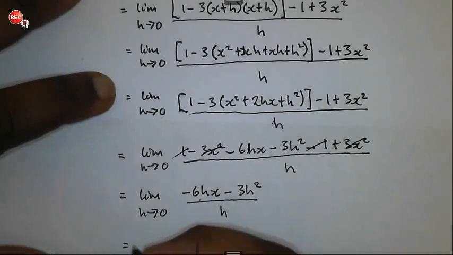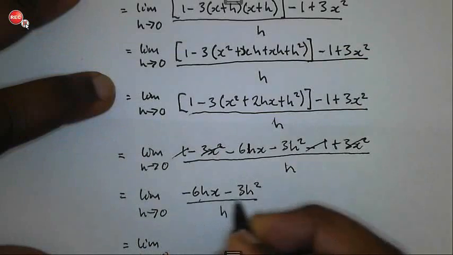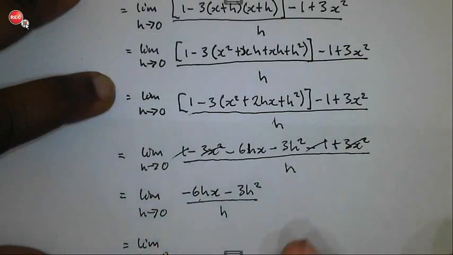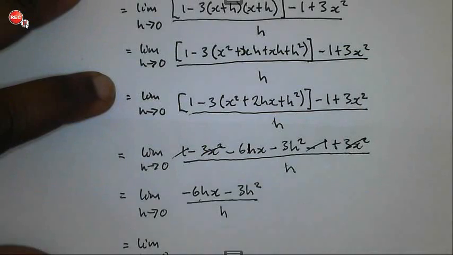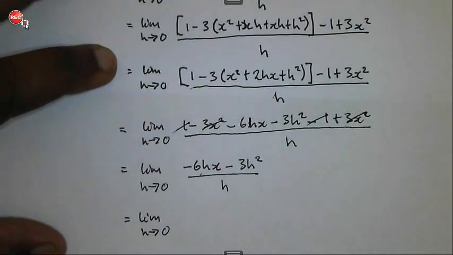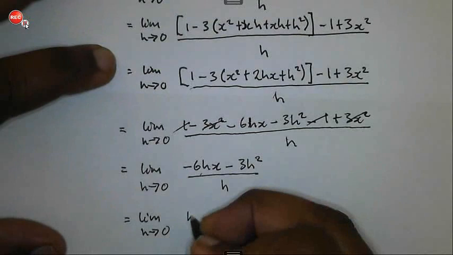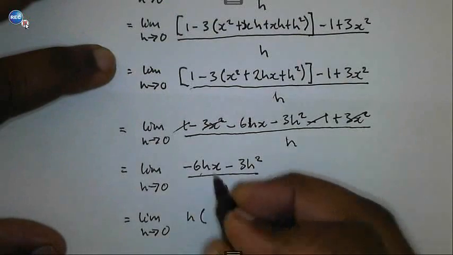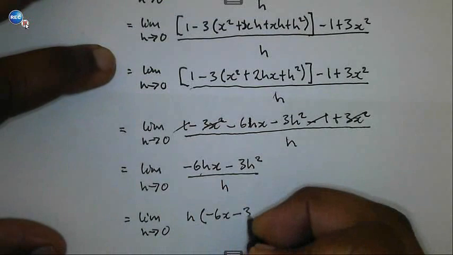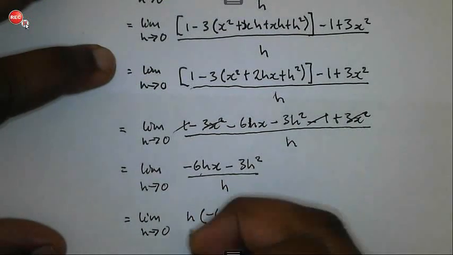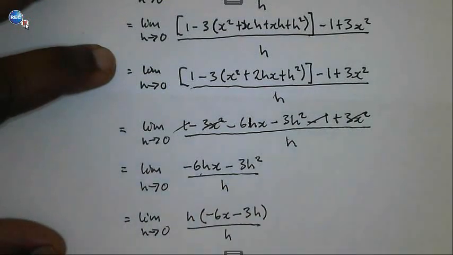I prefer to just take the h out, not the 6 and the 3. We know there's a common factor, but let's not kill ourselves for now. So you can take out h and have negative 6x remaining inside, minus 3h remaining inside, over h.